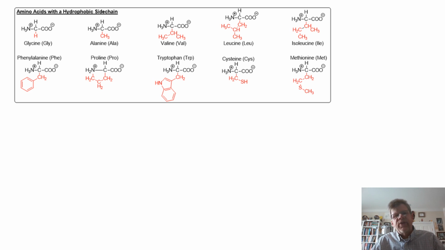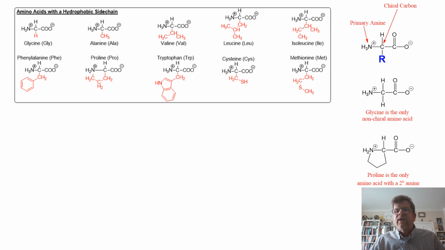Some important considerations with 2 of these amino acids with hydrophobic side chains. We've talked about this already. If we look over on the right-hand side here, on the top, we know that every amino acid has an alpha carbon, and most of the time that is chiral. There is one case in which the nature of the side chain makes that a non-chiral carbon, and that is in the case of glycine.